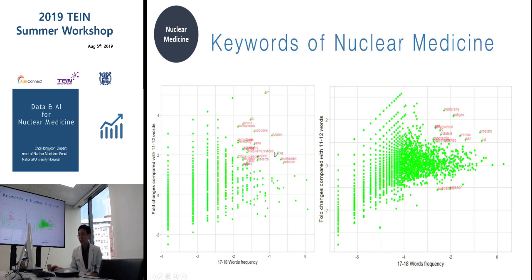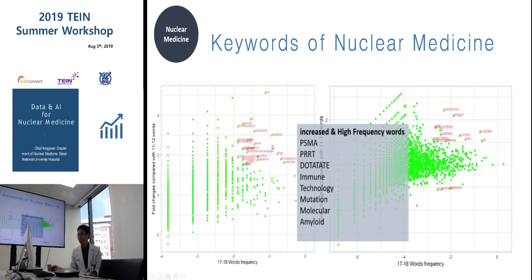And these words have markedly increased over 10 years. The increased, high-frequency words in the Journal of Nuclear Medicine and other top 10 journals are PSMA, PRRT, dotatate, immune, technology, mutation, molecular, and amyloid.